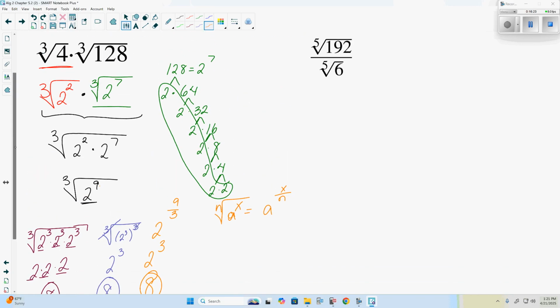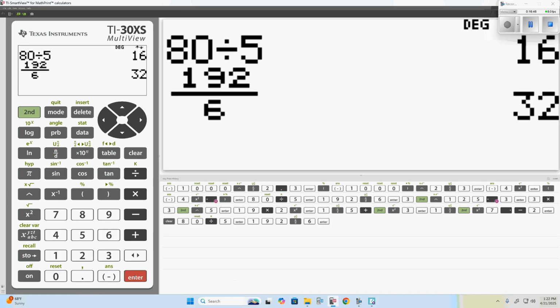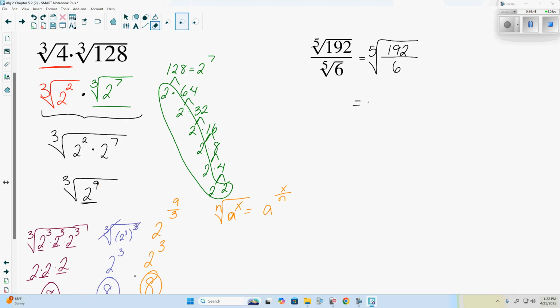Let's look at the next one, the fifth root of 192 divided by the fifth root of 6. Does 192 divide by 6 nicely? 192 over 6 is 32.